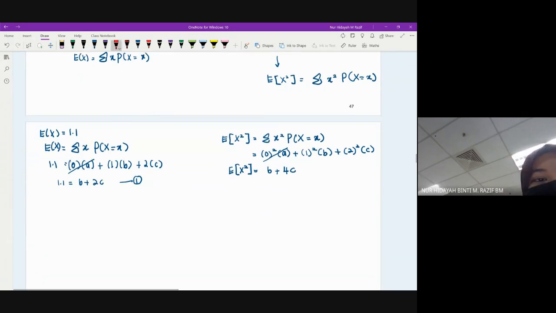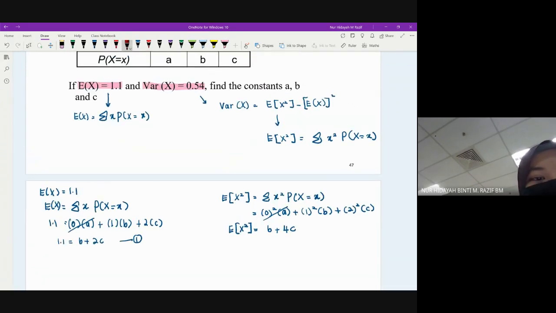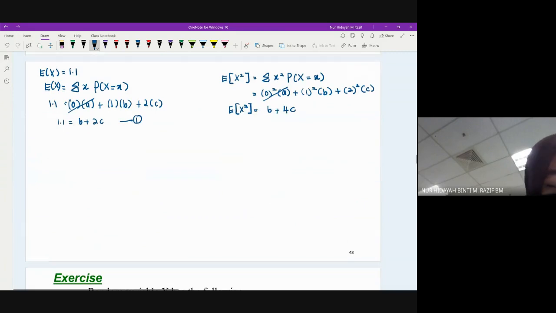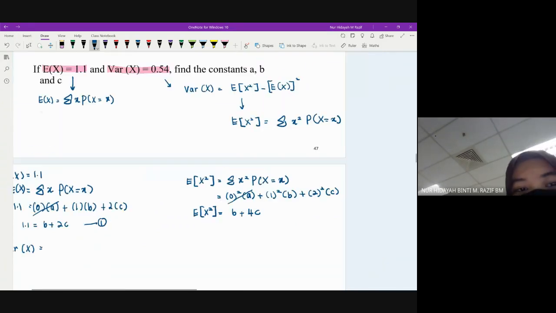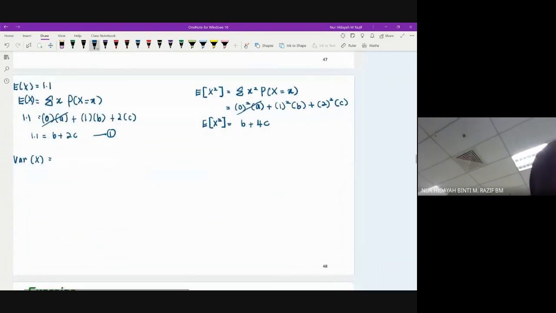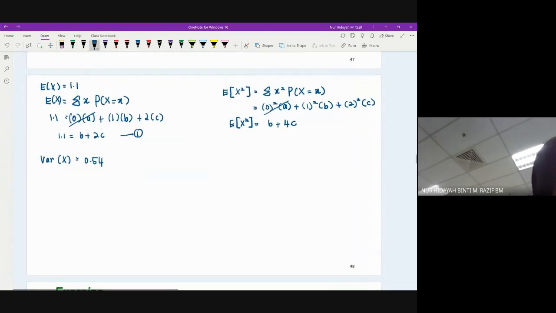Because I have the info for variance. Now kita boleh gunakan maklumat dalam variance yang mana I know that kita diberi variance of x should be equal to 0.54. Okay, so menggunakan formula, I know this should be equal to 0.54 is equal to the expected value of x kuasa 2 tolak bracket expected value of x semua sekali kuasa 2.